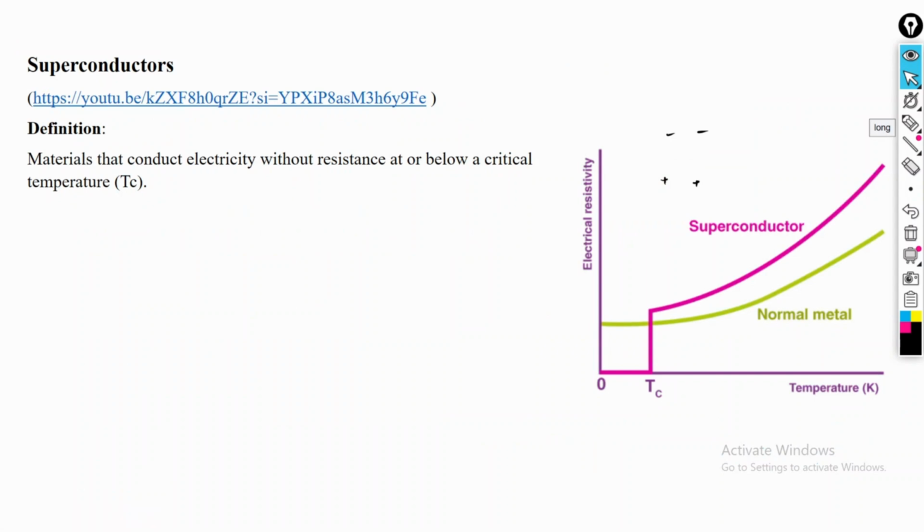Silicon and germanium are the semiconductors.